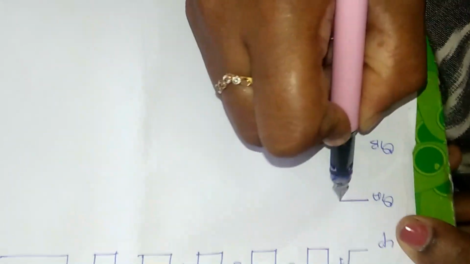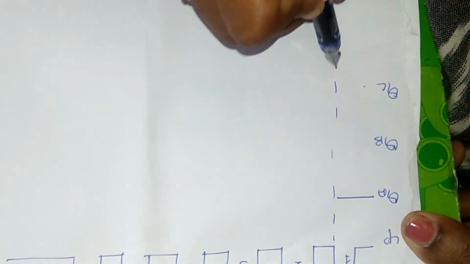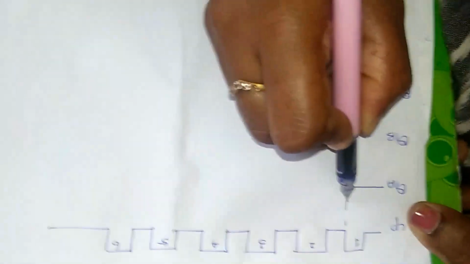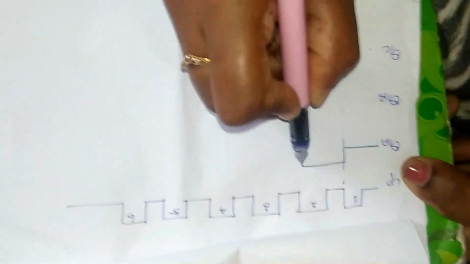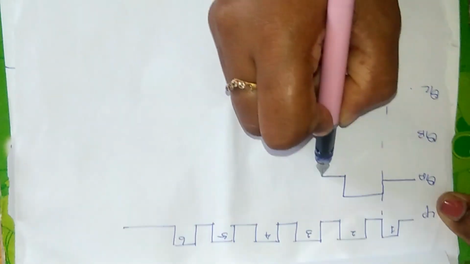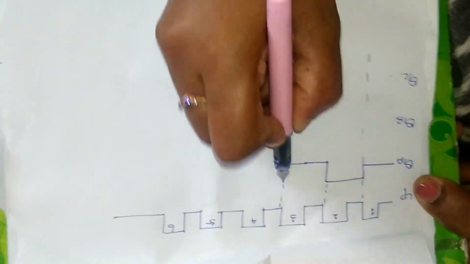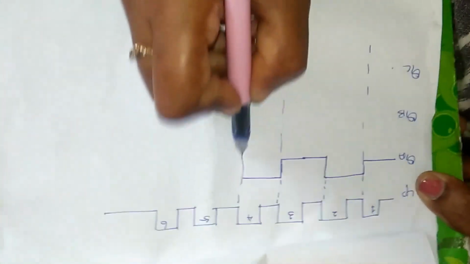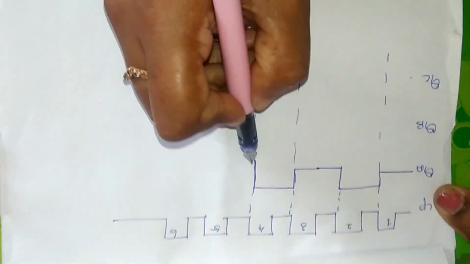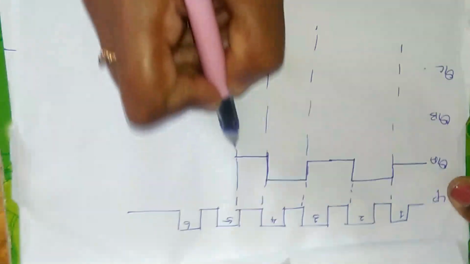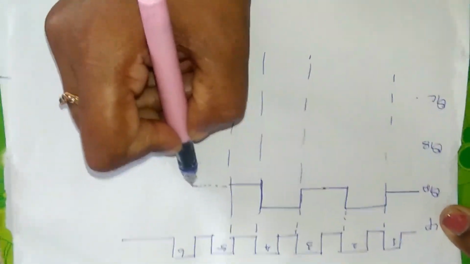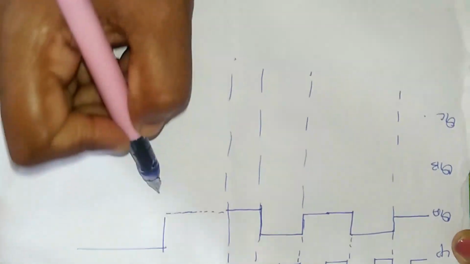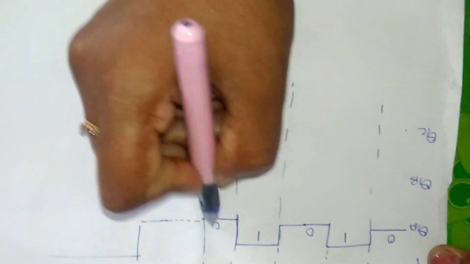The first count is 0, then it is 1 for count 2, then it goes to 0, and then again for the fourth count it goes to 1. Then 0 for count 5, then again it is 0. So here it is 0, 1, 0, 1, 0, 0.